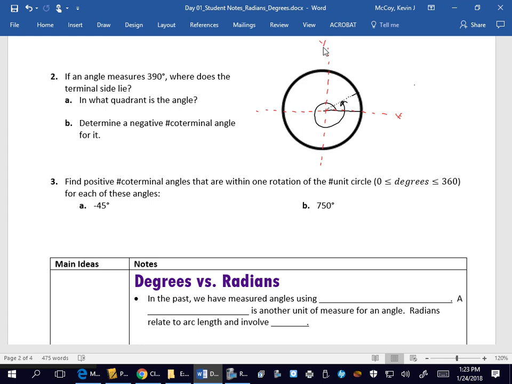Remember that your quadrants start on the upper right, and that's quadrant 1, and then they go counterclockwise. That's quadrant 2, quadrant 3, and quadrant 4. So in this case, the terminal side of the angle 390 degrees actually lies right here in quadrant 1.